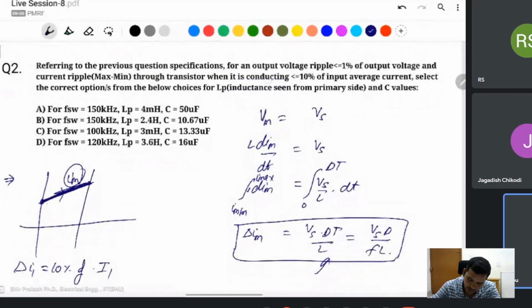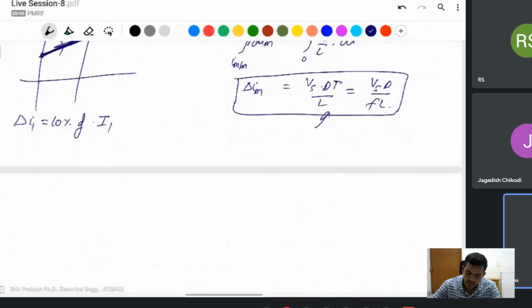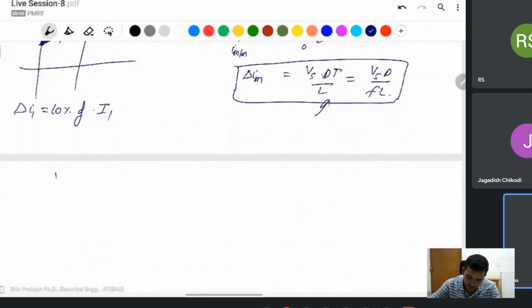This is the input average current. You can calculate the input average current: V output into I output is equal to Vs into Is.